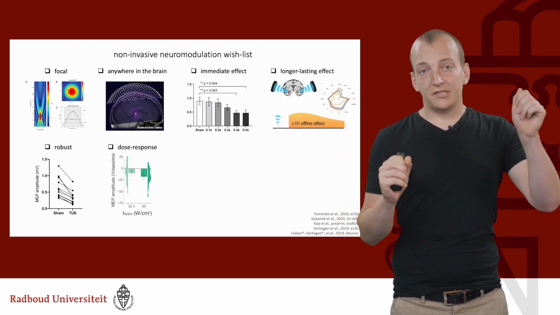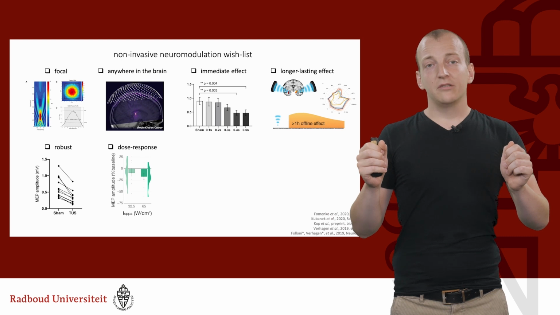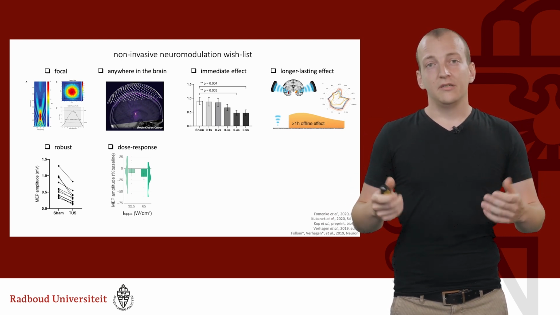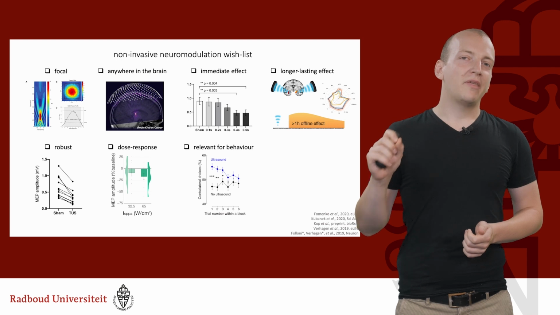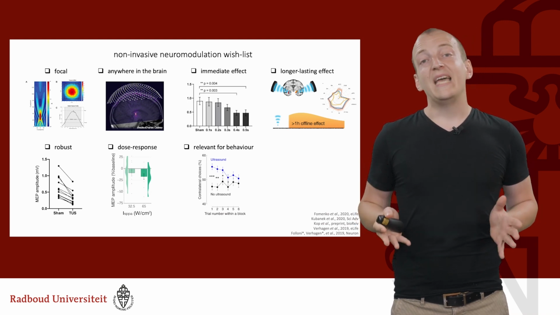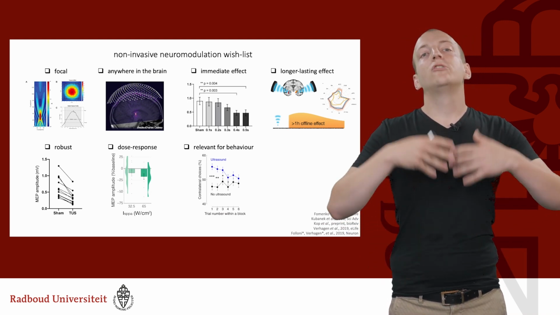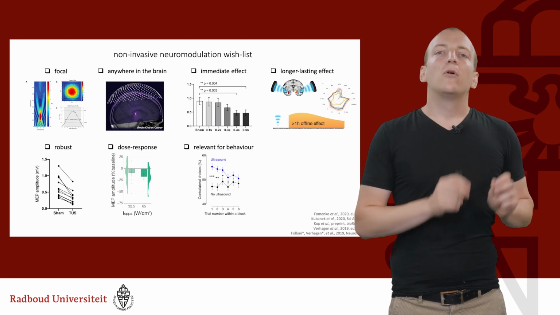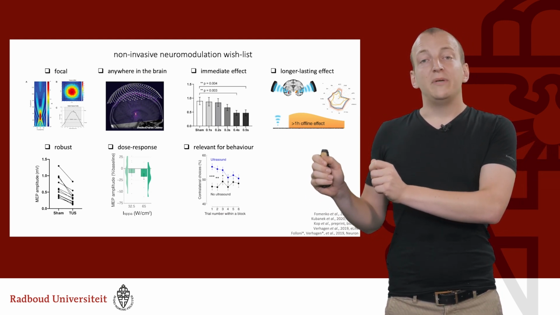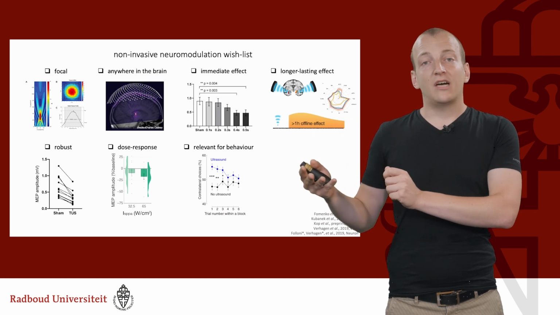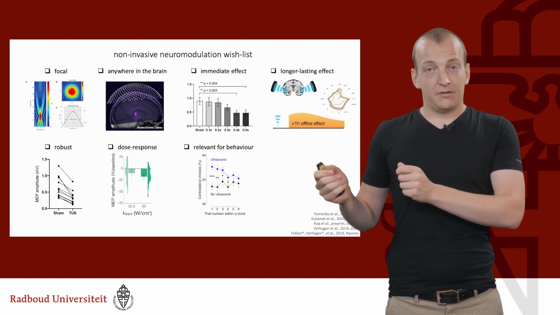So we can nicely tailor the amount of energy delivered with the effect that we would like to see. Maybe one of the most important things is that it's relevant for behavior. We don't just want to modulate what's happening in the brain, but that modulation should lead to change that is relevant to behavior. So if I use ultrasound, it should change some behavioral function.